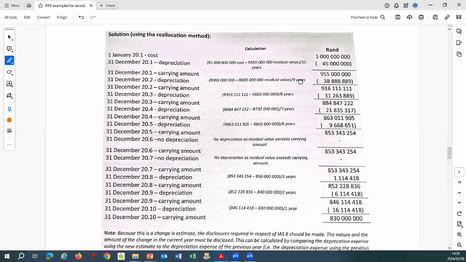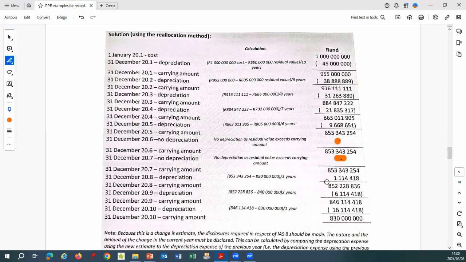Okay, and in some years we found that there wasn't any depreciation. Okay, and that is because our carrying amount was lower than our residual value. And in other years, then we actually have our depreciation that has been taken into account.